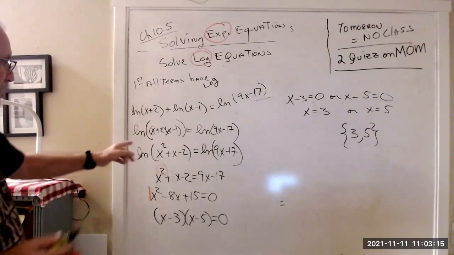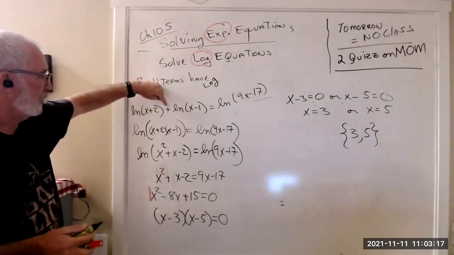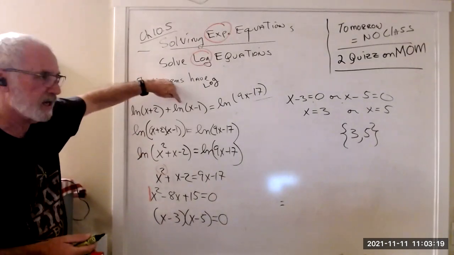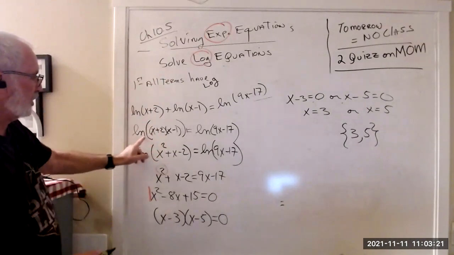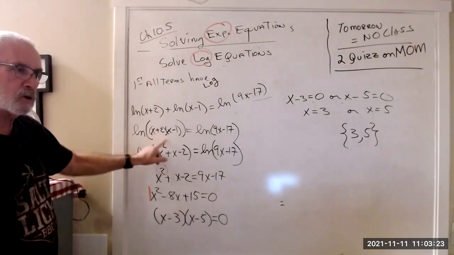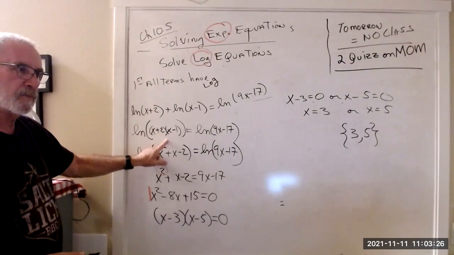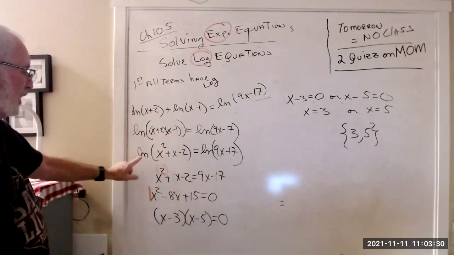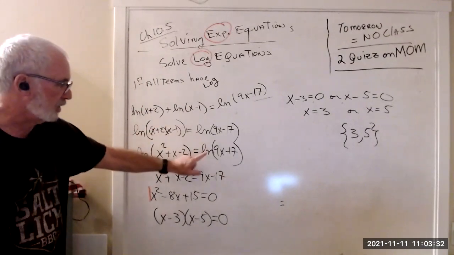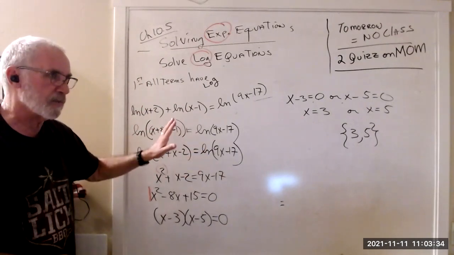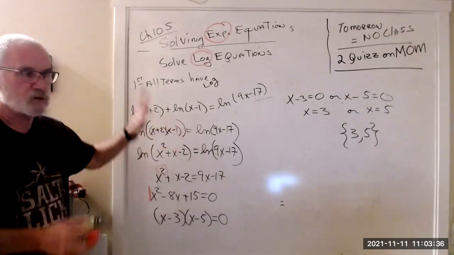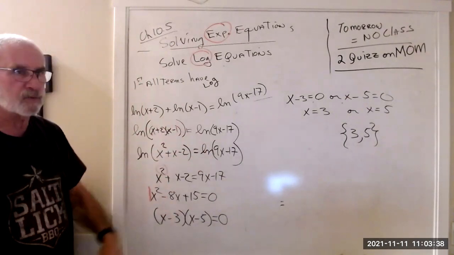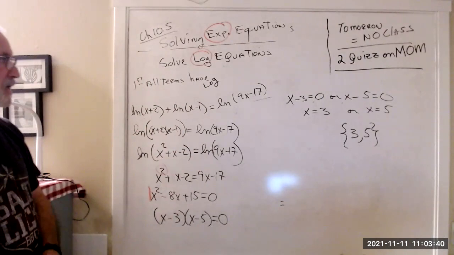Use your log laws to condense them. This was 2 logs adding, so I condensed it into 1 log multiplying. Then I multiplied it out. And the key here was when I have a single log equal to a single log, I can just drop the logs and solve the resulting problem. It's that easy.